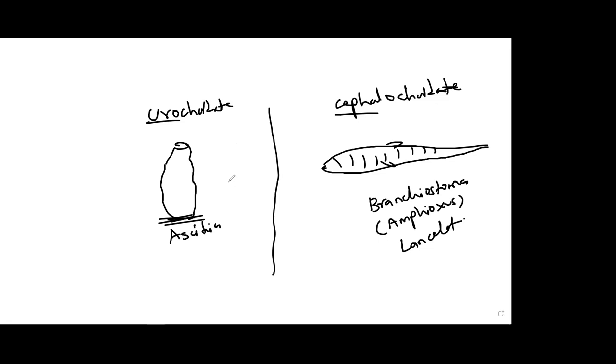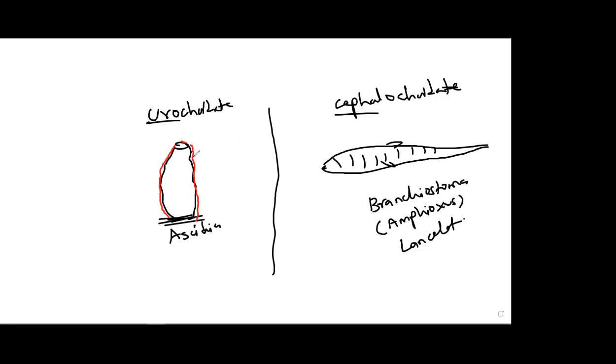Next, coming to the differences between uro and cephalo. See, in these animals, the body is covered by a cellulose-like material. Very, very, very important. The animal with cellulose is urochordate.